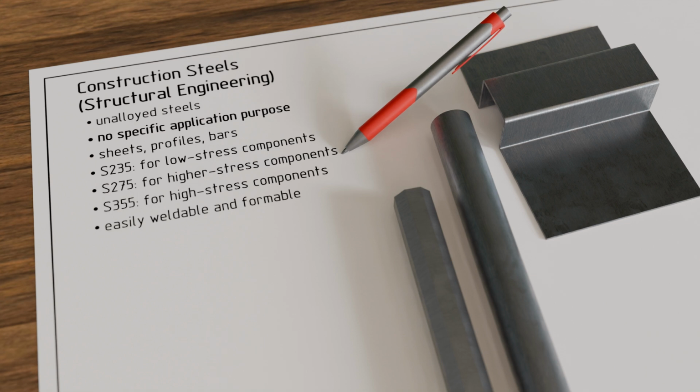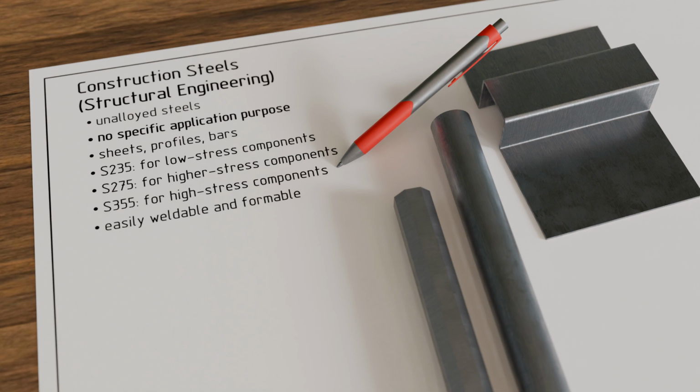For even higher strengths, as required in high-rise construction for crane structures, structural steel S355 is used, which offers a yield strength of 355 newtons per square millimeter. The higher strength of S355 compared to S235 is achieved through the addition of manganese and a finer grain structure.